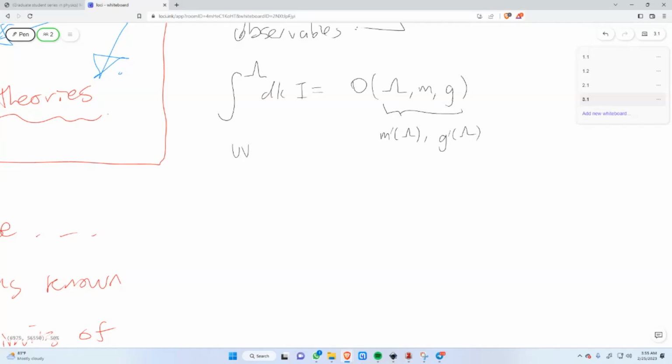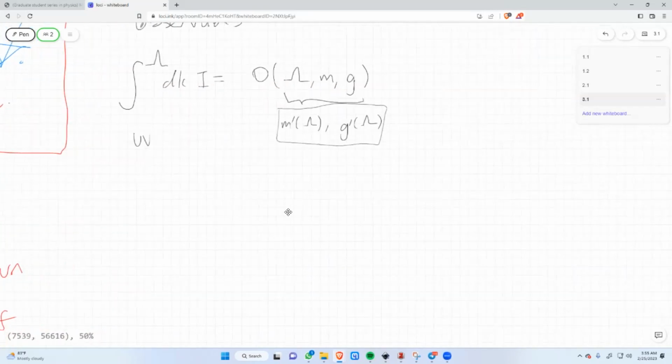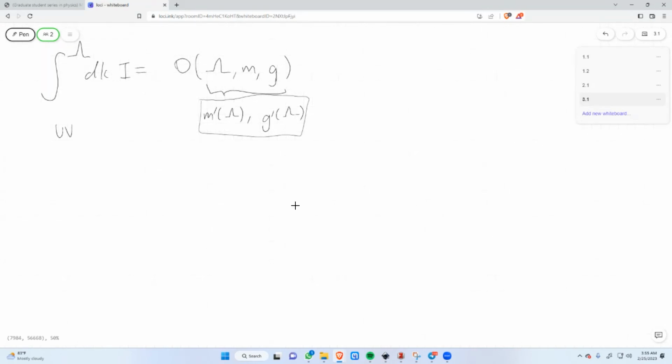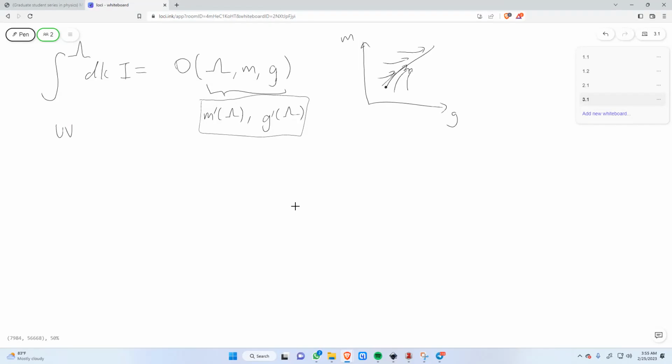These will give you essentially a vector that tells you how the parameters M and G flow when you increase lambda. So if you increase the cutoff, it flows in this direction. This gives you a vector field, and that's where you have the fixed points, where they could lead somewhere.